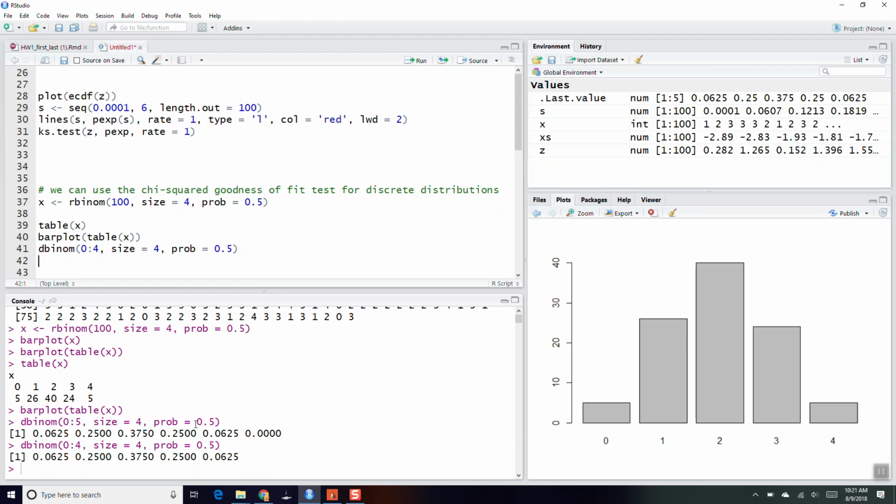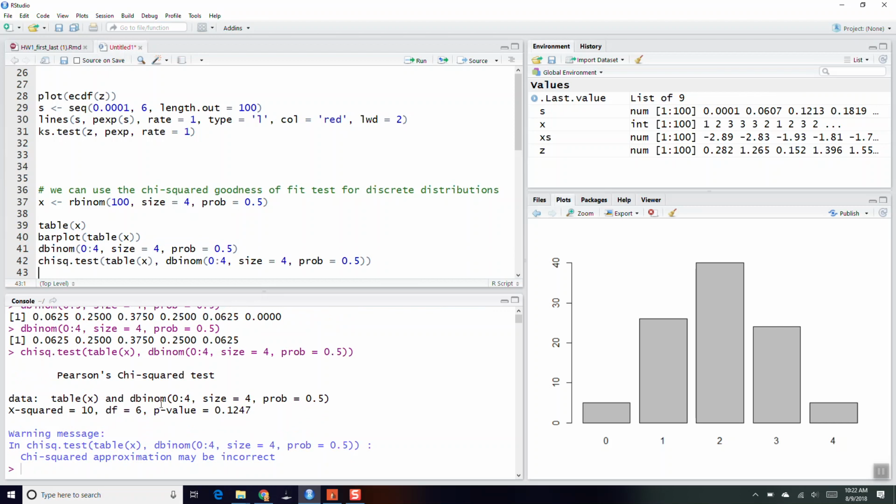Okay, and so the chi-squared goodness of fit test is, you provide it your table versus the probabilities, I believe. Let me see if this is correct.